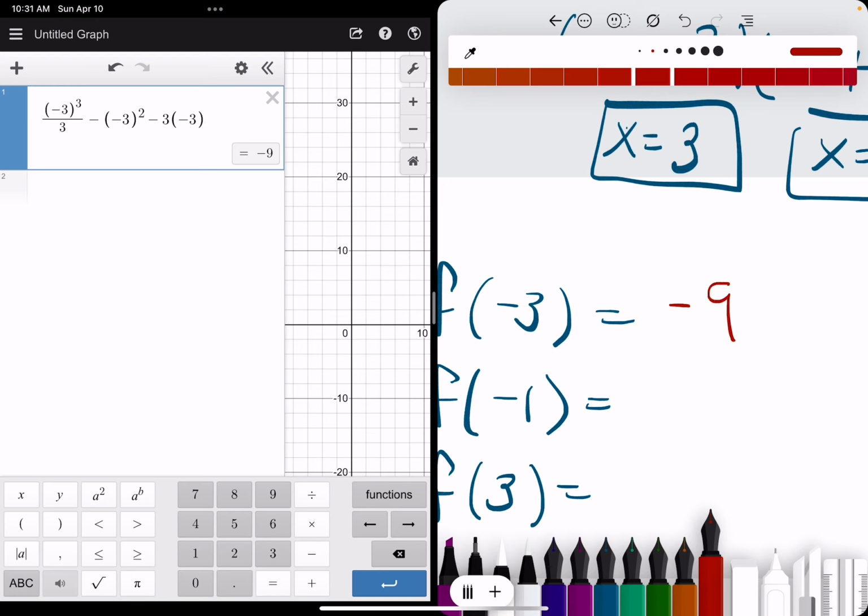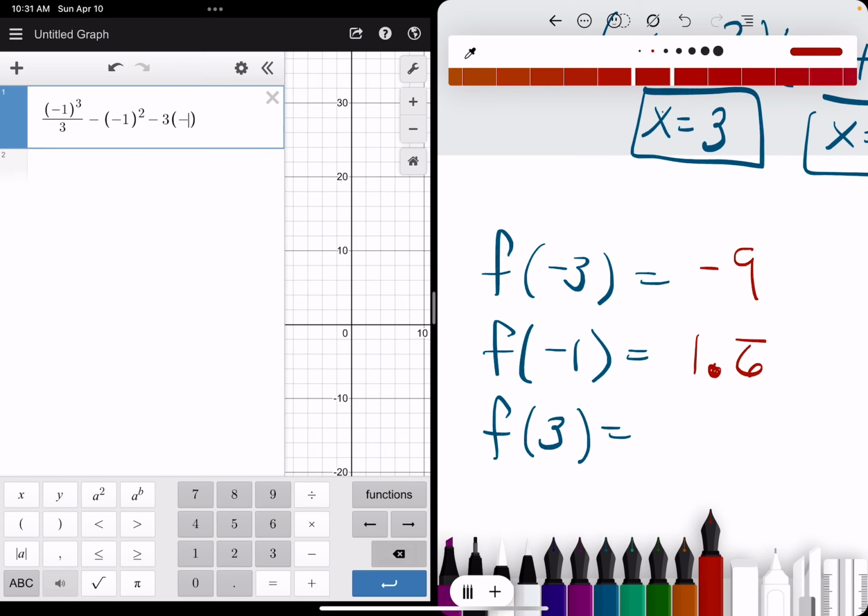Now moving to negative 1, we get 1.6 repeating. Now we want positive 3, and we get negative 9.